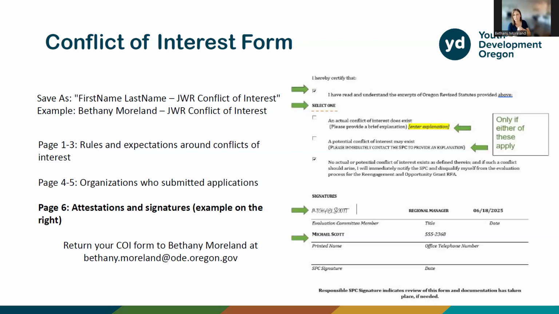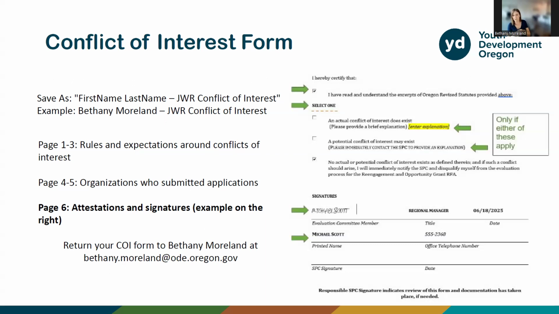Oftentimes, people will miss checking a box, and then I'll have to follow up with you to have that completed. But the very first one is the certification that you read the information above in the document. The second section is identifying an actual, potential, or no conflict of interest based on the applications or the applicants we have submitted.